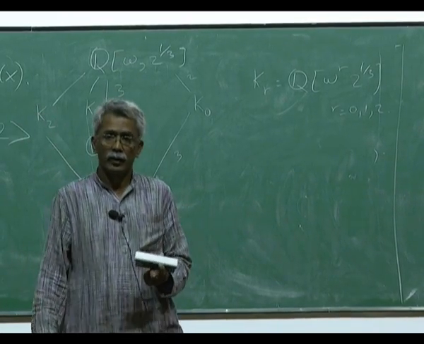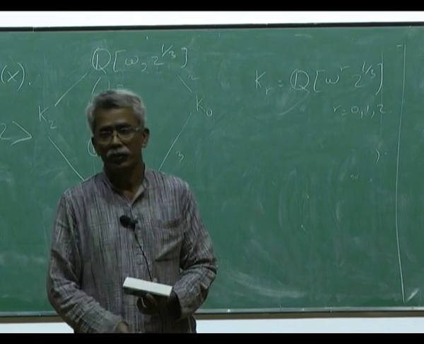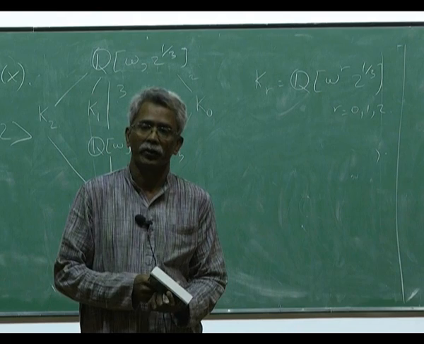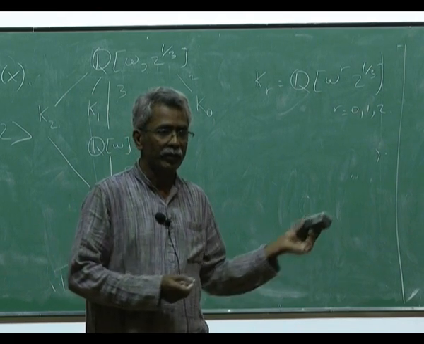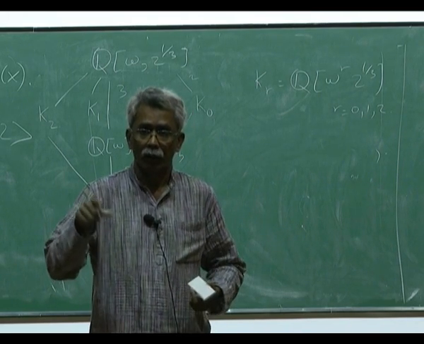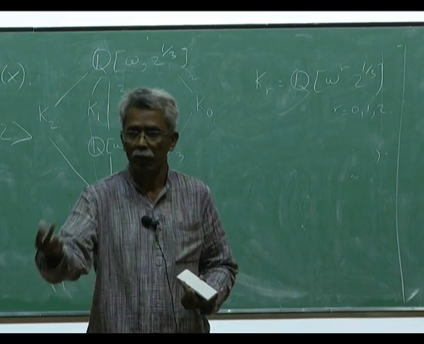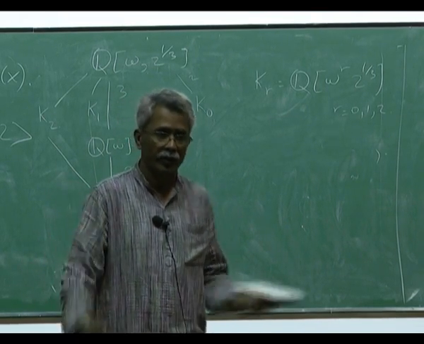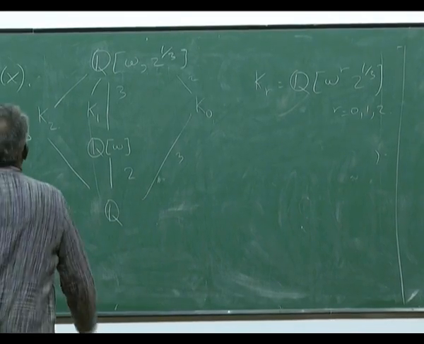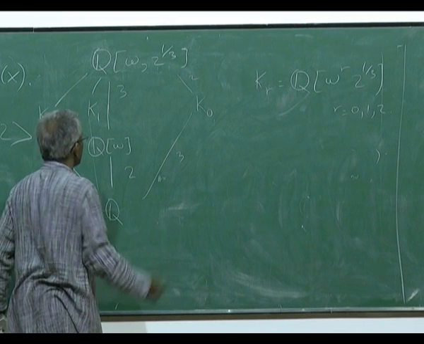For a normal extension, the order of the Galois group is equal to the degree of the extension. This was one of the things I stated while computing the Galois group for the quadratic extension. I said we have 2 elements. How do you know exactly 2 elements? Because it is a normal extension. Same argument here. So, the order of the Galois group for this extension is 3.